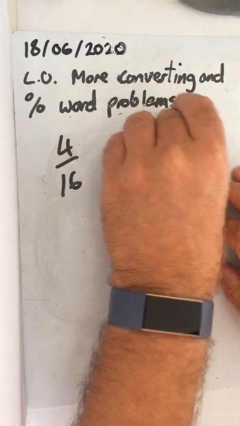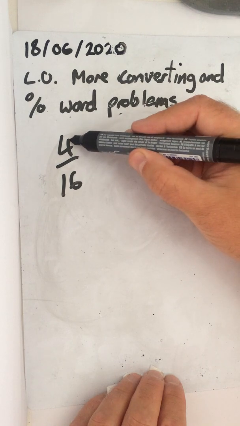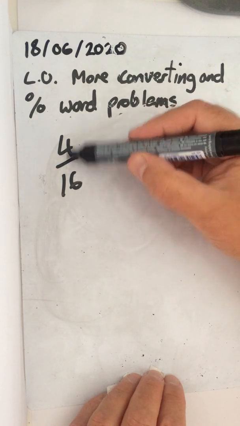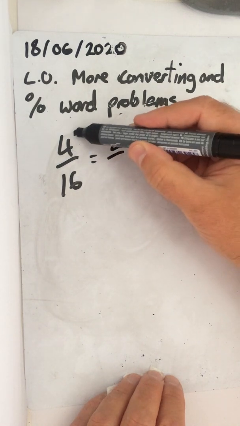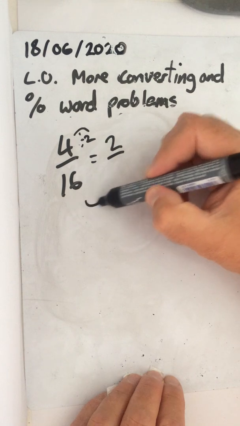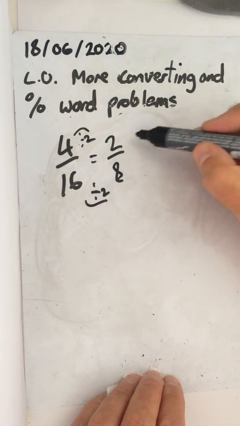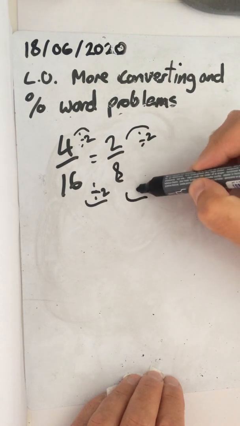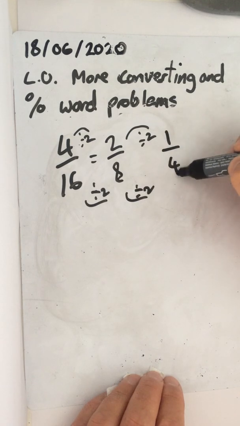Now we have done quite a lot of work on simplifying fractions. So I'm going to find what goes into both 4 and 16. I know 2 goes into them both because they're even numbers. So I'm going to divide that by 2, divide that by 2, and then I can do the same again because they're even numbers. Divide by 2, divide by 2, so I get 1/4.